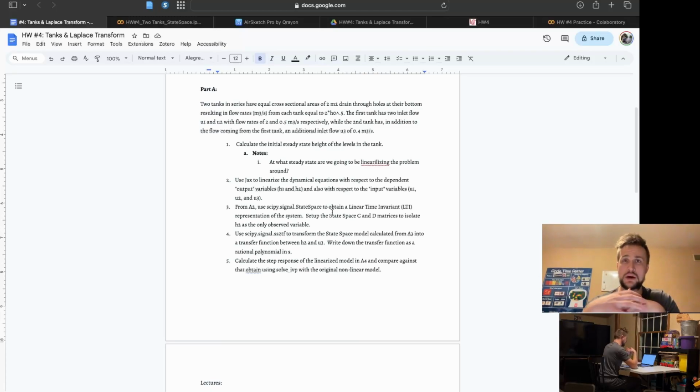For example, how is the fluid height in the tanks going to change with respect to the different flows coming in, with respect to each other, and with respect to just the flows coming into each tank and the inputs themselves. So that's where we're going to kick off here.